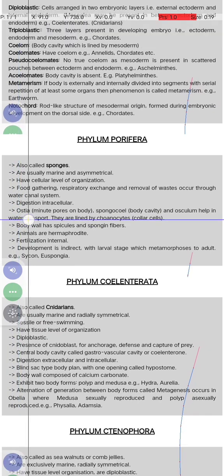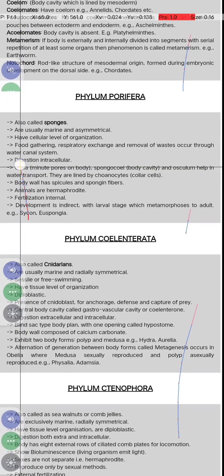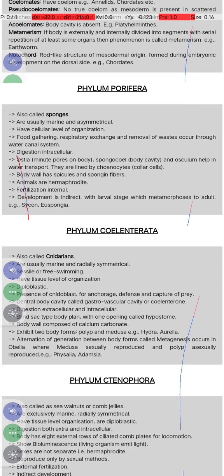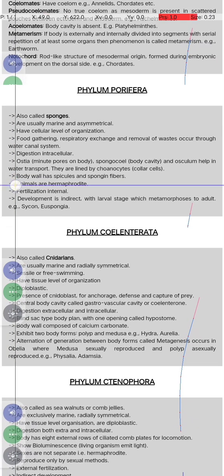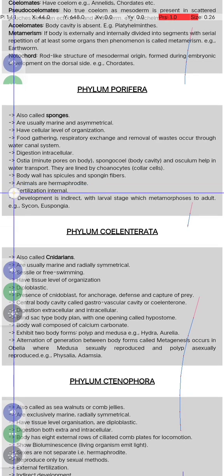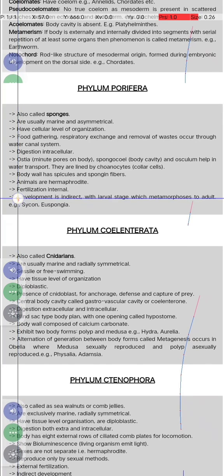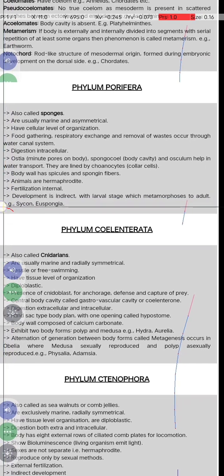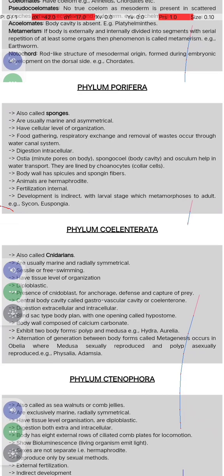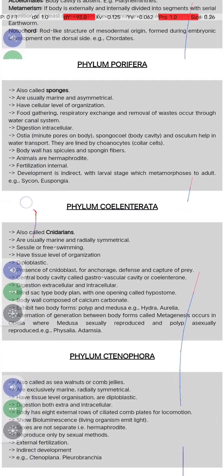They are lined by choanocytes. The body wall has spicules and spongin fibres. Animals are hermaphrodite, fertilization is internal, and development is indirect with larval stages and metamorphosis to adult. Example, Sycon and Spongilla.